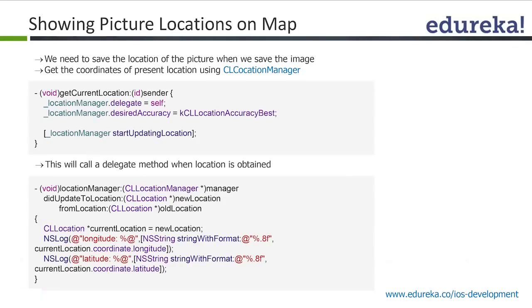after you set a desired accuracy, accuracy is nothing but whether you want a 10-meter accuracy or 1 kilometer accuracy. That depends upon the battery life of the device also. If you go for the most accurate desired accuracy, it will drain your battery much faster than anything.